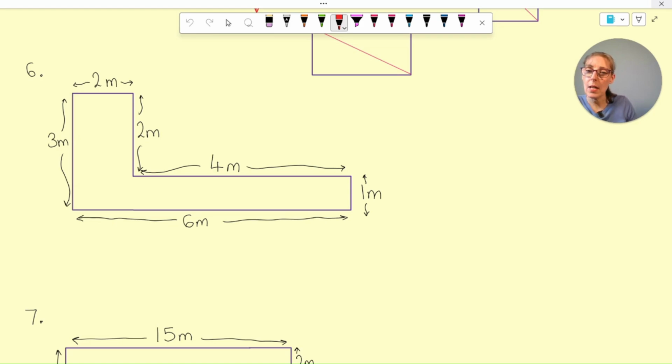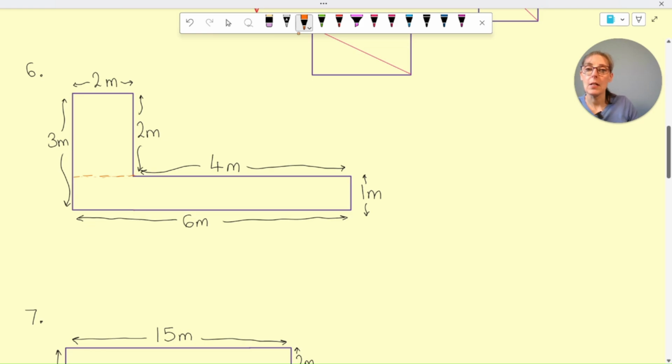Now I have all the sides given to me, so I could either cut it this way or I could cut it this way. It depends which way you want to see it. I tend to go down, but this one, looking at the numbers, I'm going to go across. So I'm going to chop it this way.